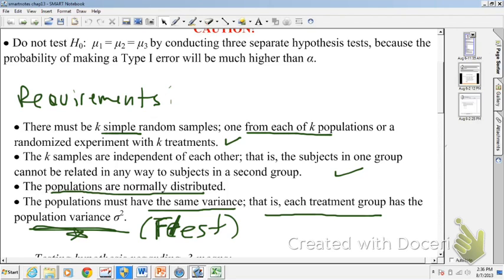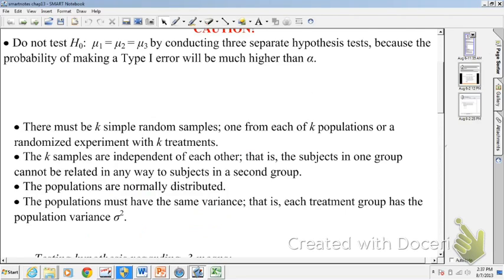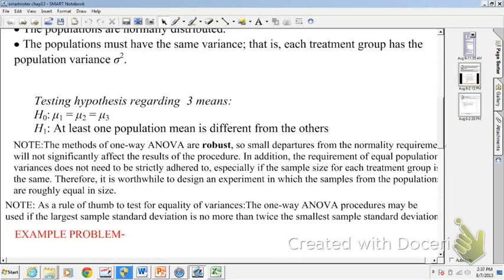We don't learn that this term, but your author is letting us use this lovely rule of thumb right here. And I'm going to page down to that. It says here, as a rule of thumb to test for equality of variances, the one-way ANOVA procedures may be used if the largest sample standard deviation is no more than twice the smallest sample standard deviation.